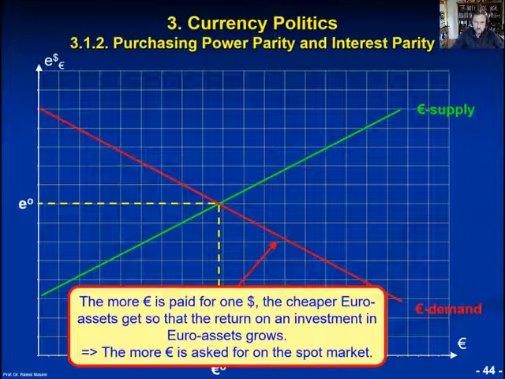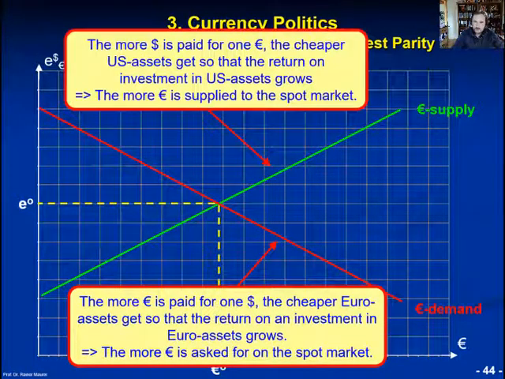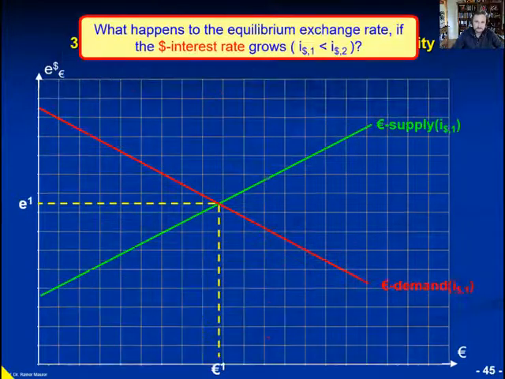The euro supply curve has the usual positive slope, since the more euro is paid for $1, the cheaper euro assets get, such that the return on an investment in euro assets grows. The intersection point of both curves provide the equilibrium exchange rate.